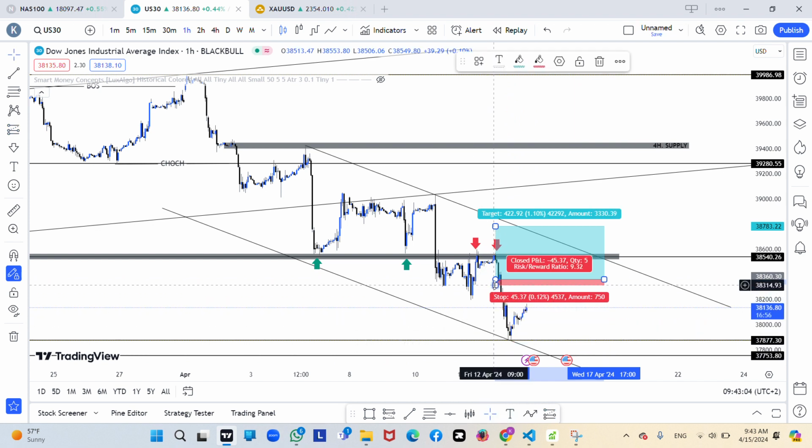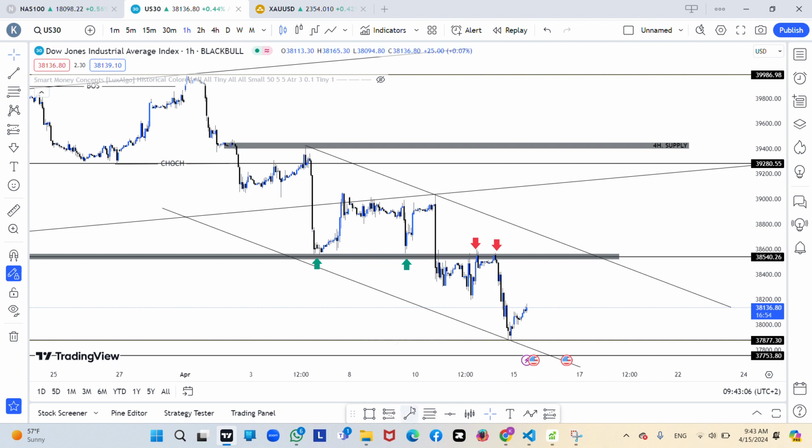Completely wrong. So the only place that buys were allowed was, let's say, if price had gone up and closed above there, and maybe gave us a same-time retest or something.